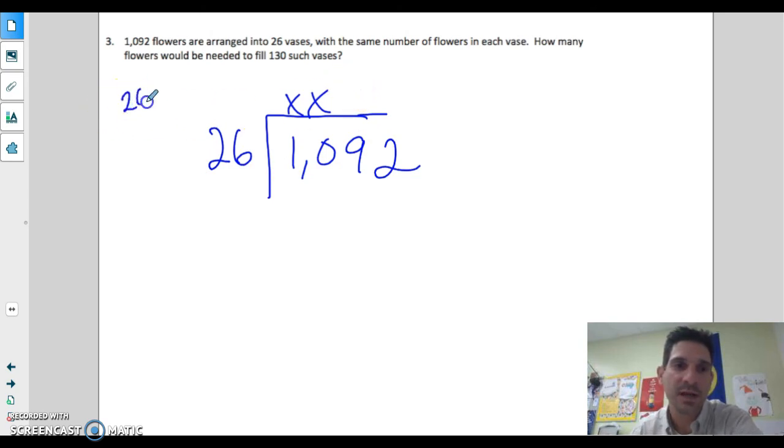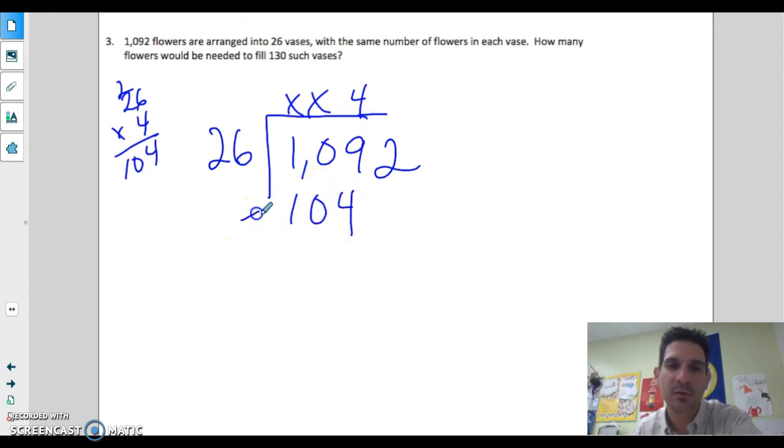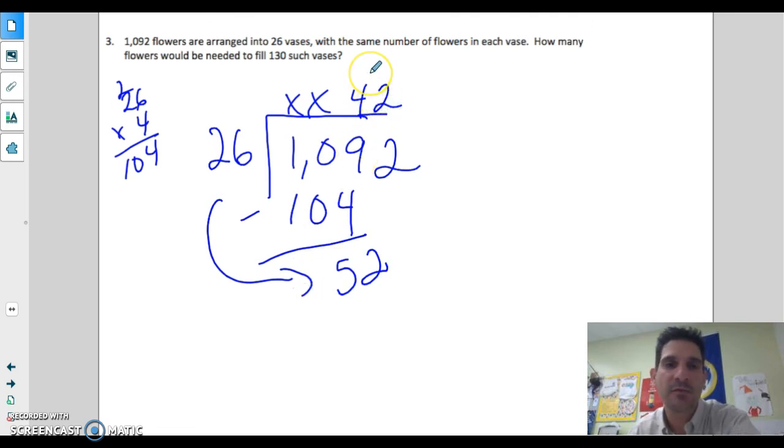So I'm going to do it on the side. Ooh, yes. So there's 104. I'm going to do the math out. 26 goes into 52 2 times. So there are 42 flowers in each vase.